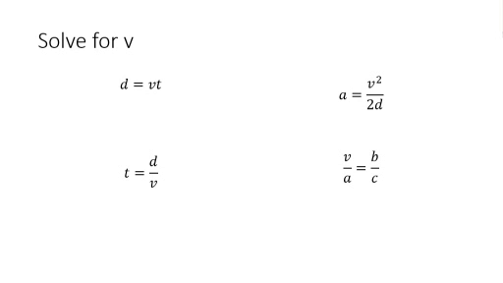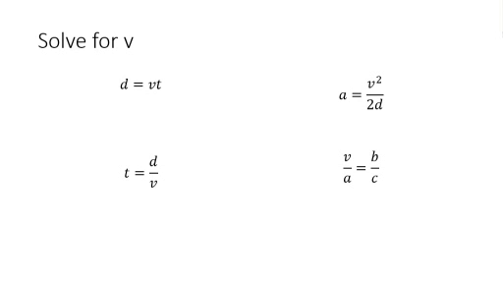So take a second and find v for these, manipulating the equations. Alright, the one on the bottom, t equals d over v, your answer would end up being v equals d over t again. You'd multiply both sides by v and then divide by t.